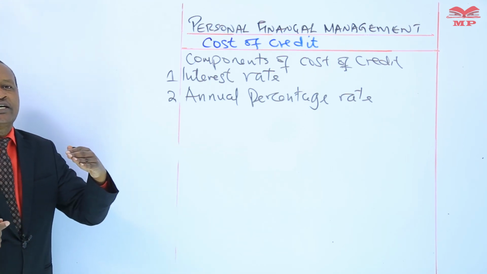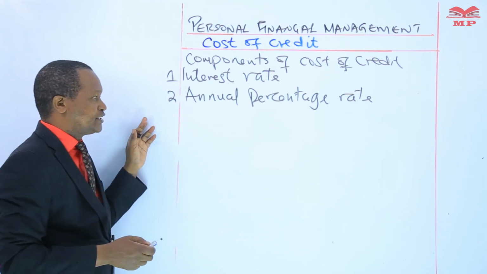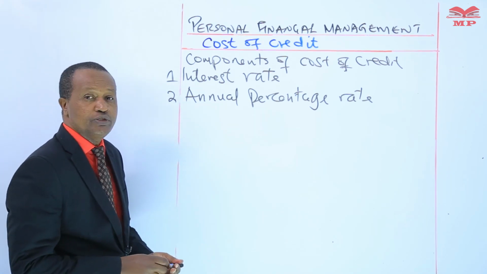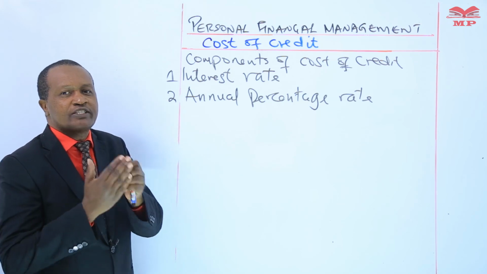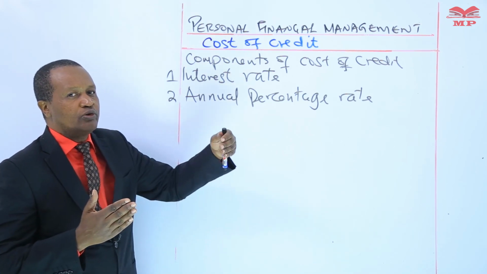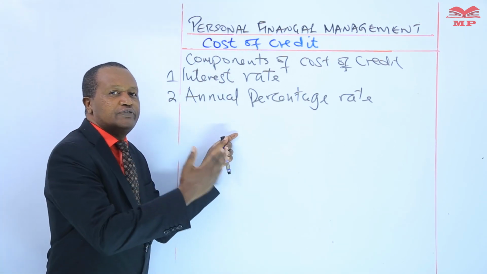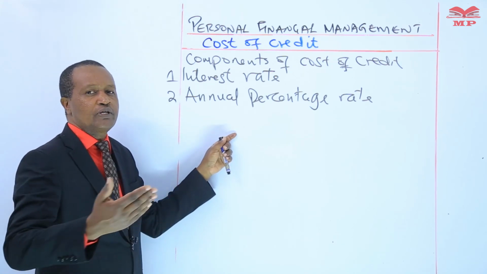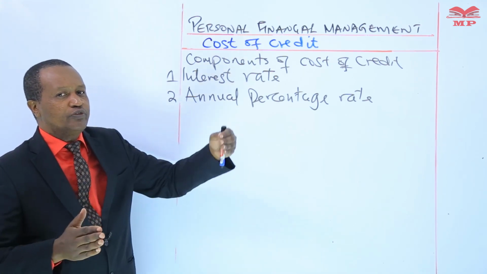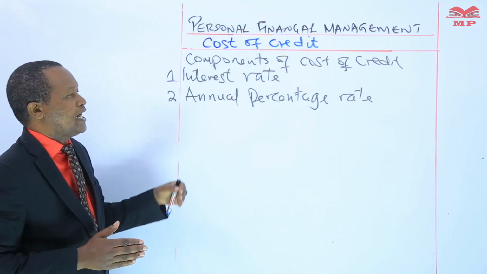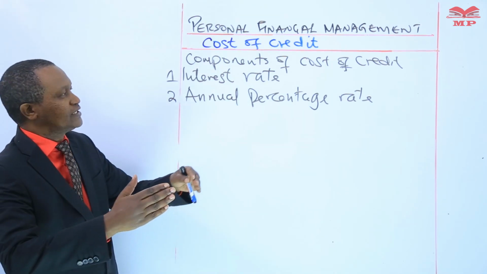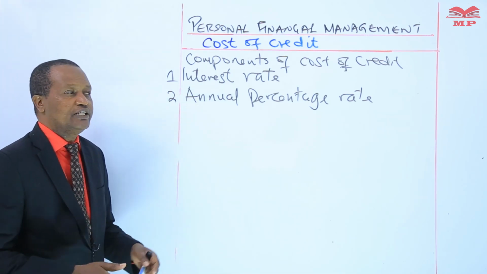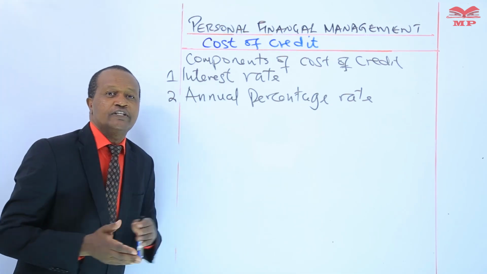This is a more comprehensive measure of the cost of credit because it includes not only the interest rate, but also most associated fees and charges. And this one allows for a more accurate comparison of different credit options. It encompasses all the other charges, the other fees.